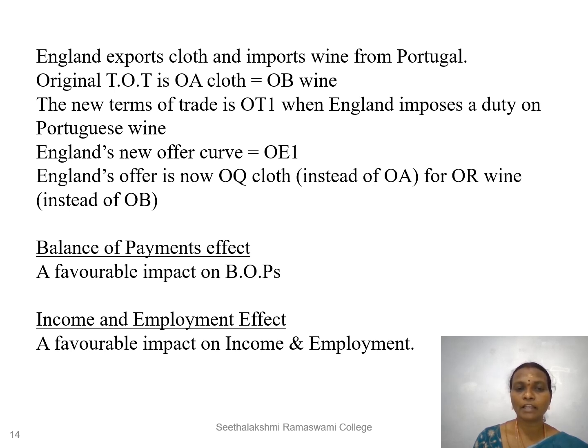It will enjoy the balance of payment surplus, and the income and employment of that country will improve, that is, it will develop. Employment opportunities will be more, and it will be able to give income to the factors of production, and thereby the balance of payment will be a positive, favorable one. The terms of trade decides how the country's balance of payment will work in a positive manner.